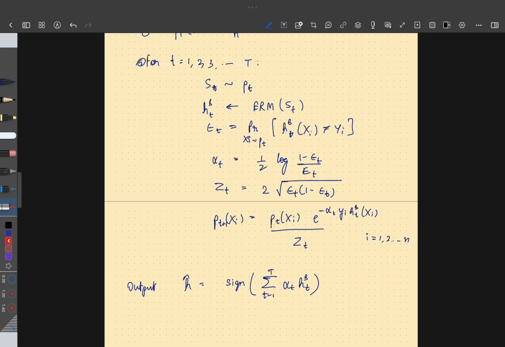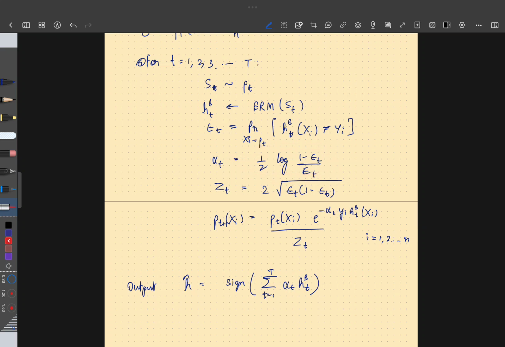So isn't that assumption that we have chosen the base class such that we can compute the ERM efficiently? Yes. So we are assuming that since you are able to compute the ERM at every step, this is guaranteed to have a loss or a risk strictly less than half. So that's an assumption.